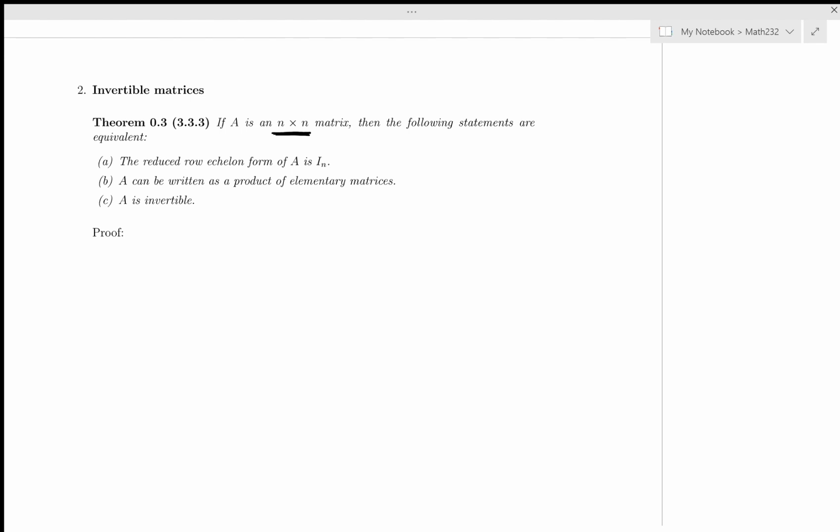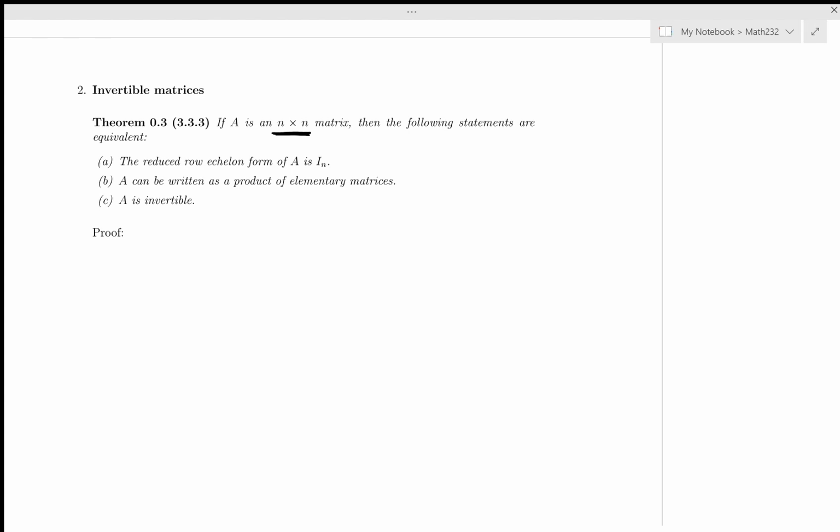So I could say if A can be written as a product of elementary matrices, then the reduced row echelon form is I, and A is invertible. Similarly, if A is invertible, then it can be reduced to I, and it can be written as a product of elementary matrices.